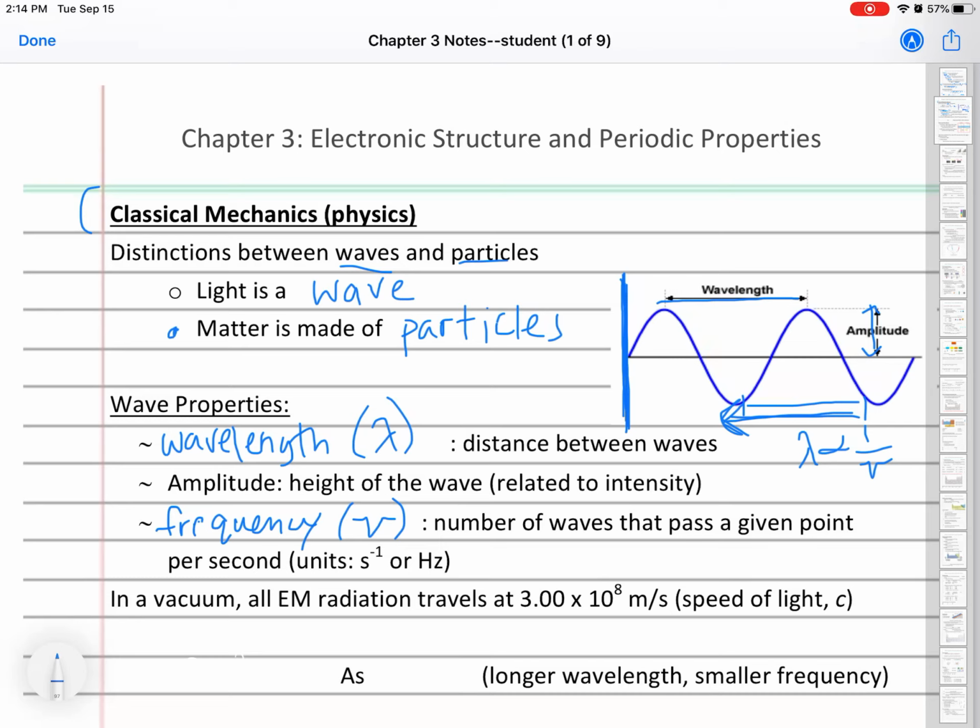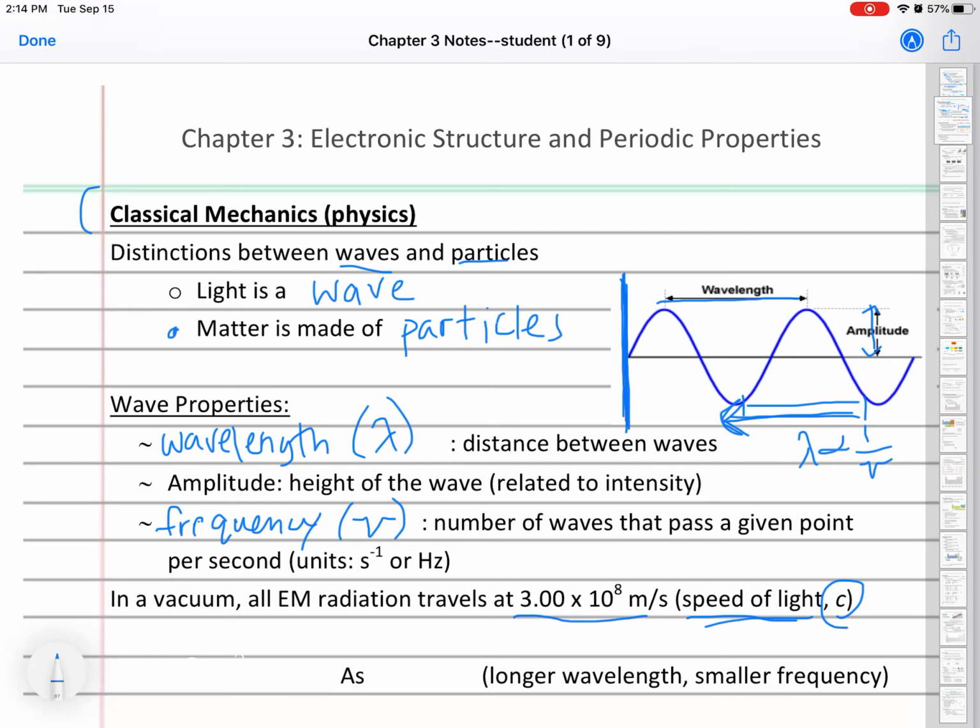In a vacuum, all electromagnetic radiation travels at a speed of 3 times 10 to the 8th meters per second. That is the speed of light. It is literally a speed of 3 times 10 to the 8th meters per second. And we use a lowercase c as our letter symbol for the speed of light.